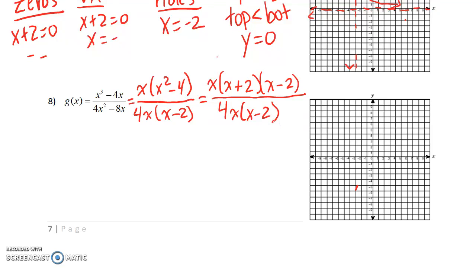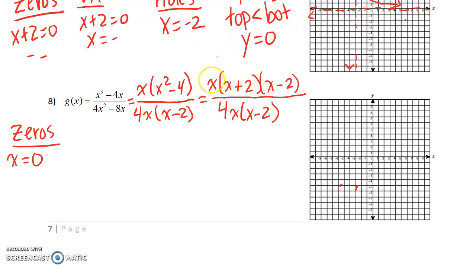Then we'll go through our steps again. First, our zeros, also known as our x-intercepts. Remember, for our zeros, we take every factor in the numerator, so on top, and set it equal to 0. So going through that, we have x equals 0. Unlike the problem before, when we had the 3 all by itself outside of the parentheses, that 3 in problem number 7 did not have a variable with it.